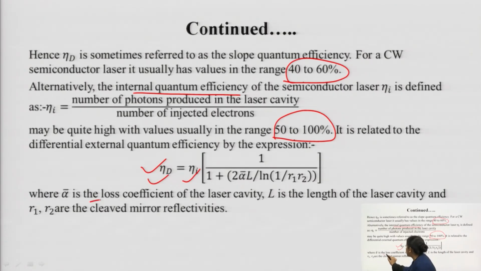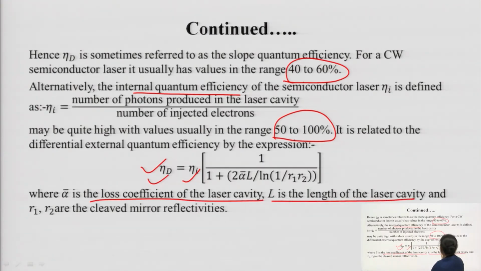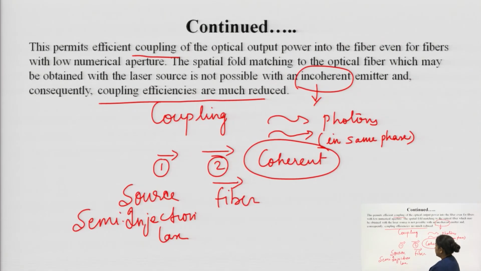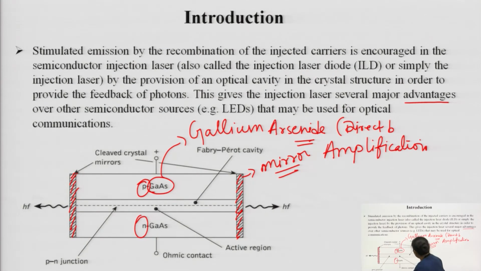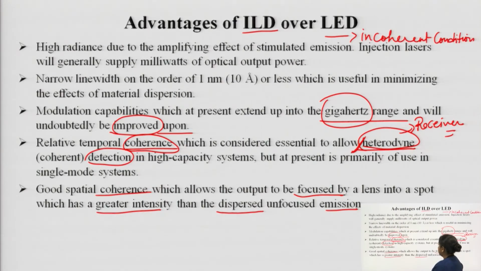Alpha bar is the loss coefficient of the laser cavity, L is the length of the laser cavity, and R1 and R2 are the mirror reflectivities, because we can see that there are two mirrors and the length of the cavity is L.